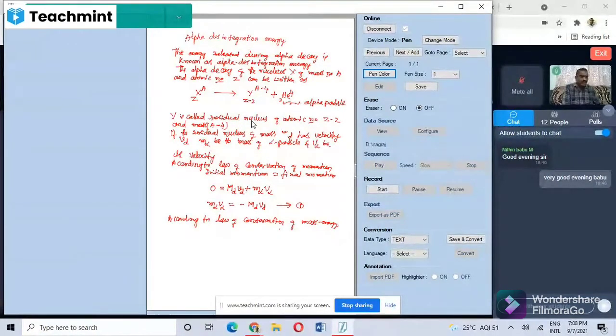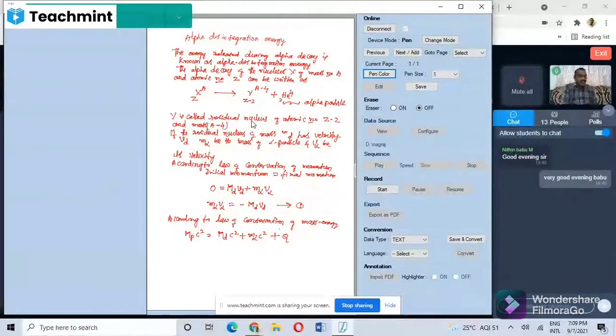So here, this is the mass of the parent atom into its velocity square according to Einstein. That's equal to the mass of the daughter nucleus into its velocity square, plus the mass of the alpha particle into its velocity square, plus Q. This Q is the energy released in alpha decay.